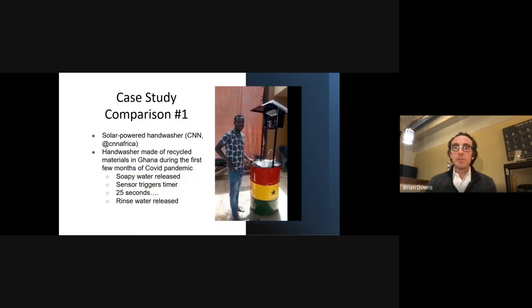Then on the stand above the sink, there is a solar cell, which is linked to a sensor. So the idea is when the person puts hands under the faucet of the sink, this triggers a sensor and soapy water is released. After 25 seconds of vigorous scrubbing, as based on the sensor, rinse water is released for rinsing of the hands. Next slide.